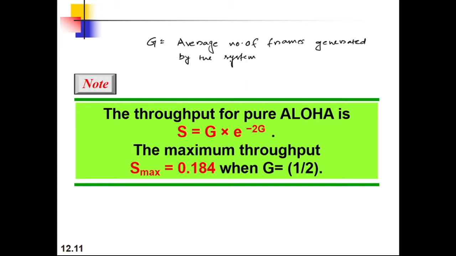Okay, so this is the throughput, and this is the value of G, and you can calculate the value of S, that is the throughput, that is equal to G into e to the power minus 2G. And for a pure ALOHA, the maximum throughput is S max equal to 0.184.